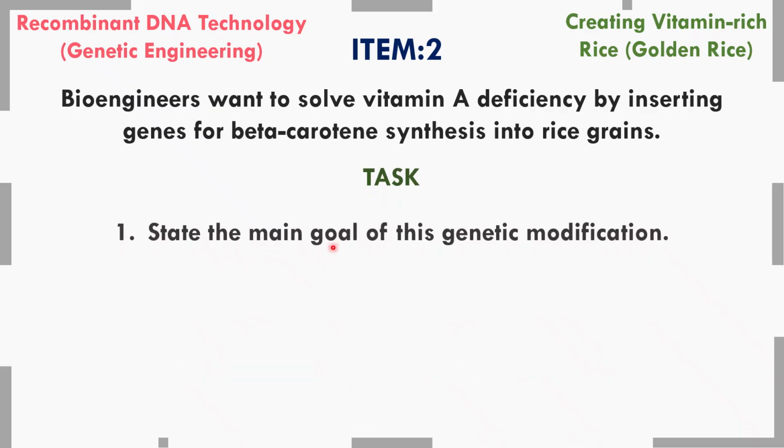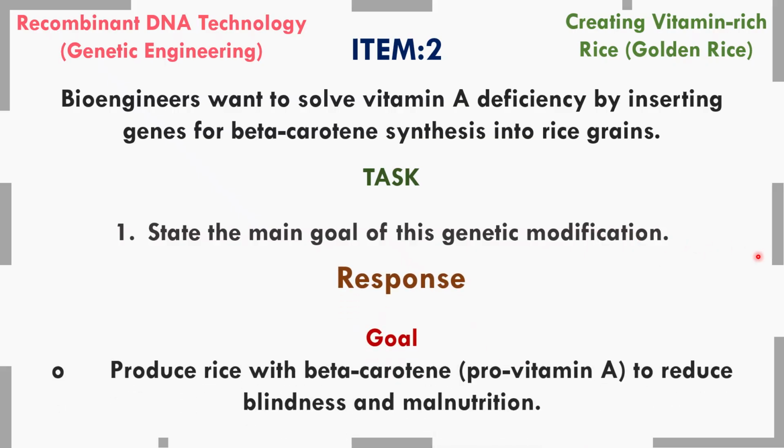State the main goal of this genetic modification. Goal: produce rice with beta-carotene, provitamin A, to reduce blindness and malnutrition.